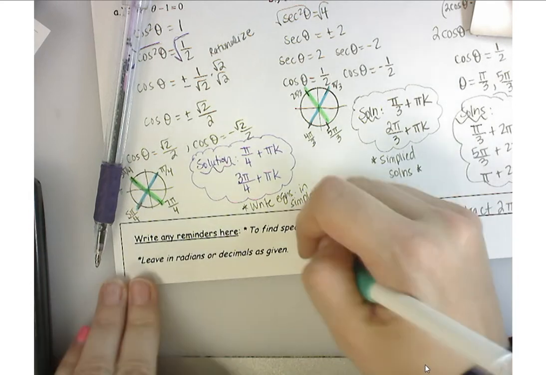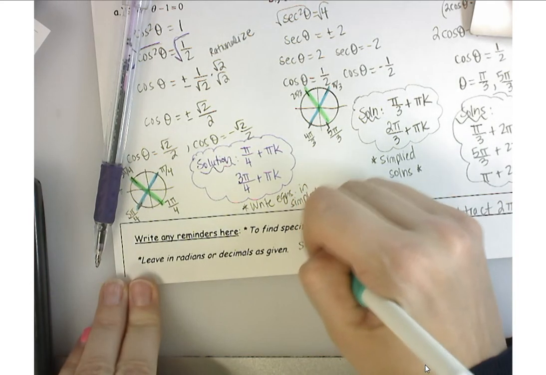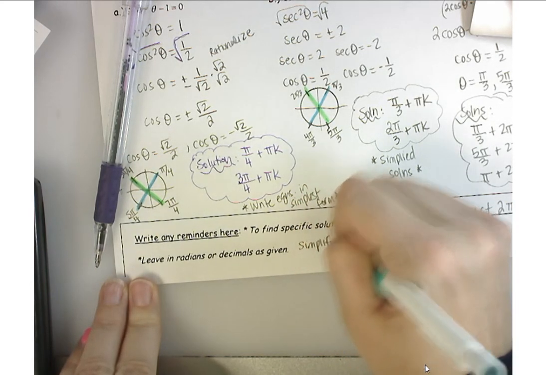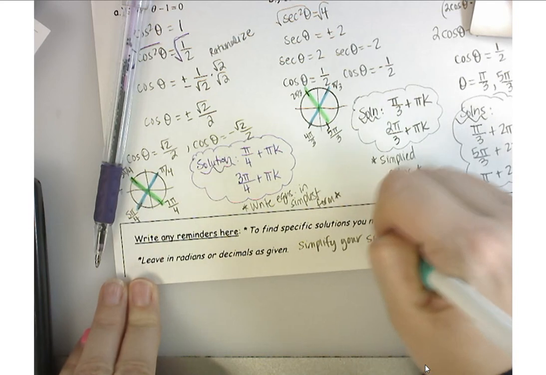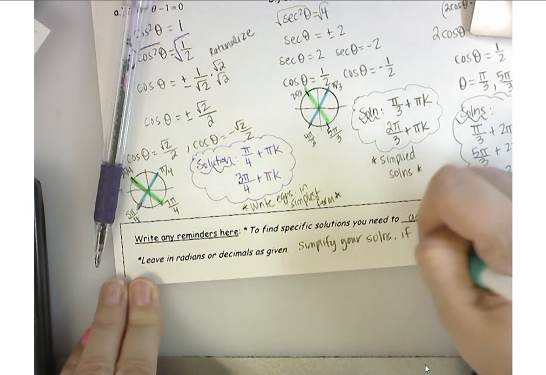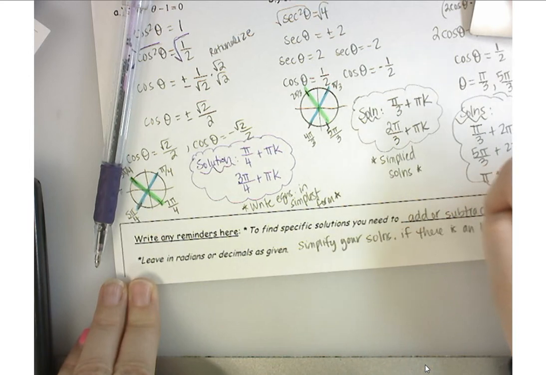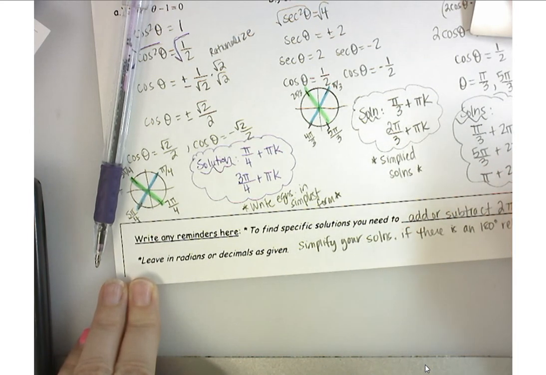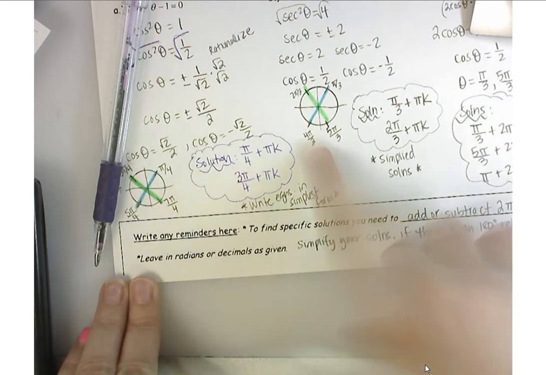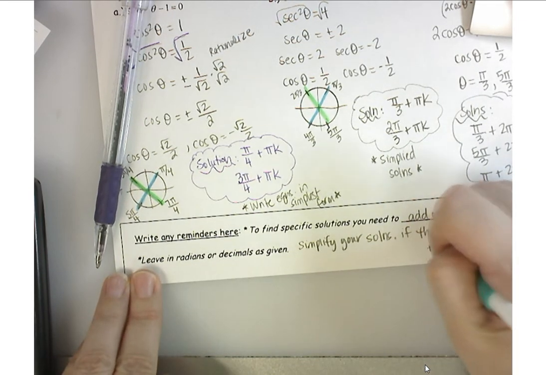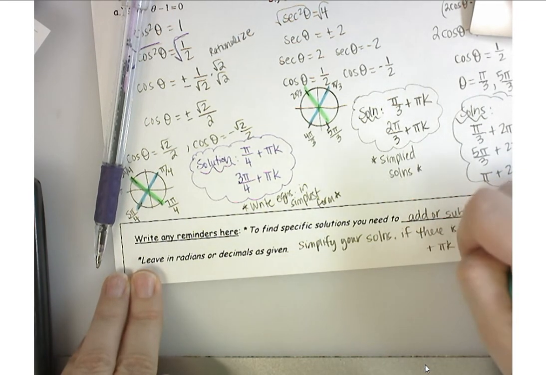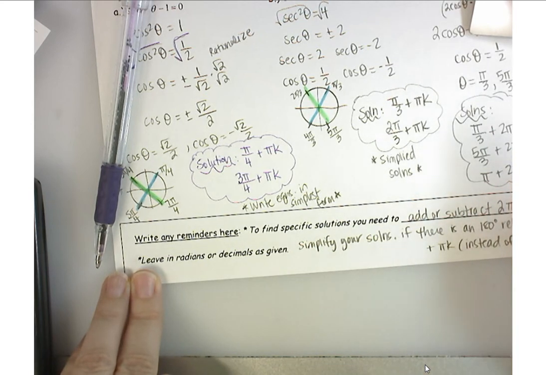And then another good one is to simplify your solutions if there is a 180-degree relationship. Okay, so you would add pi k instead of 2 pi k.